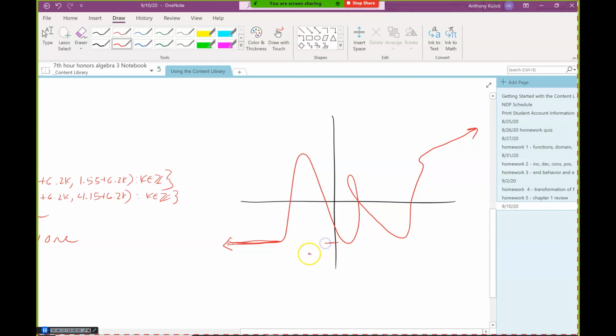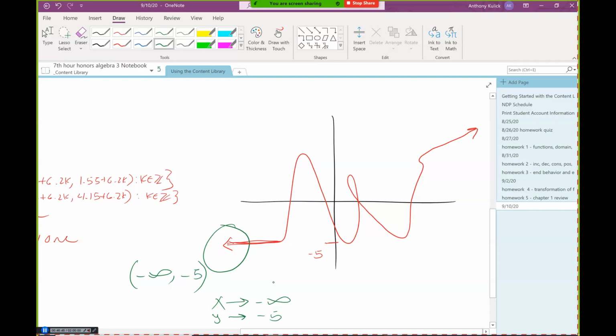So let's just say that this is at like -5 over here. So this end is like -∞, comma, -5, right? It's going to the left, so that's the -∞ part, but it seems flat at y equals -5. So the way I'd write this end behavior is I'd say, okay, as x approaches -∞, y approaches -5.